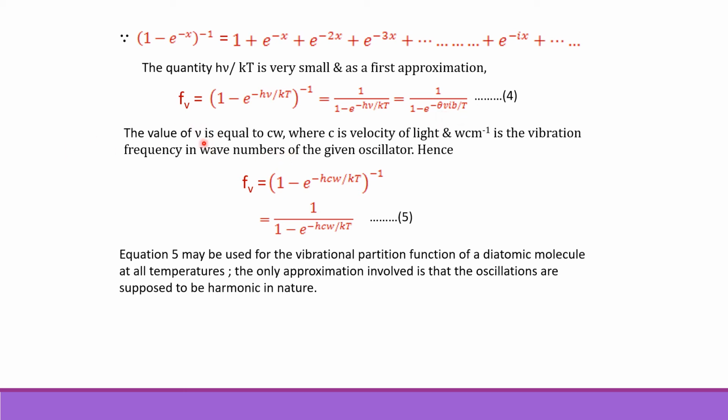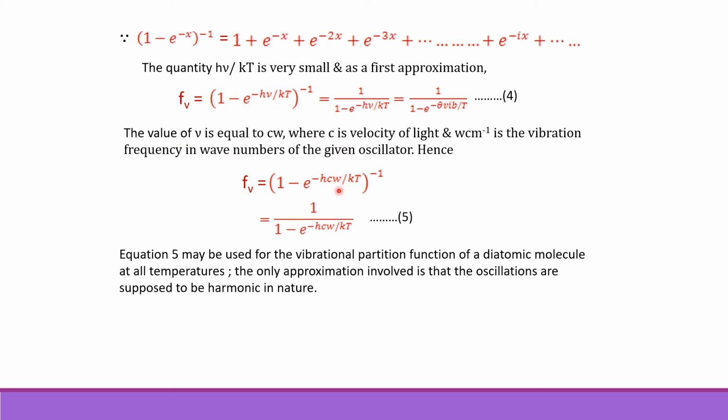The value of nu, that is the vibrational frequency, is equal to c into w, where c is the velocity of light and w in centimeter inverse is the vibrational frequency in wave numbers of the given oscillator. Hence, the vibrational partition function Fv is equal to 1 minus e raised to the power minus hc into w divided by kT, where we are representing nu as equal to c into w.